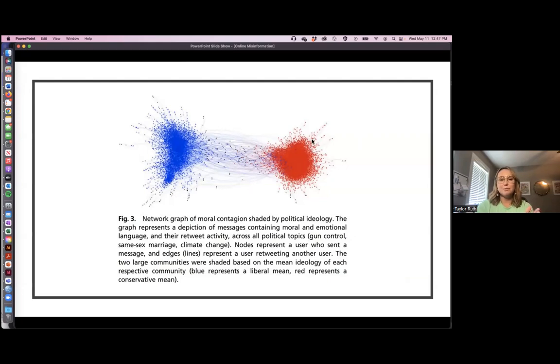And you can see for the most part, they are just talking with themselves, and there's not a lot of crosstalk happening. And we see that quite often online, especially within Twitter, where people are having conversations, but they're just having conversations with people who already agree with them. So it's kind of a question of how is that actually impacting our ability to communicate with the public or change attitudes or inform attitudes or opinion if we're only talking with ourselves.